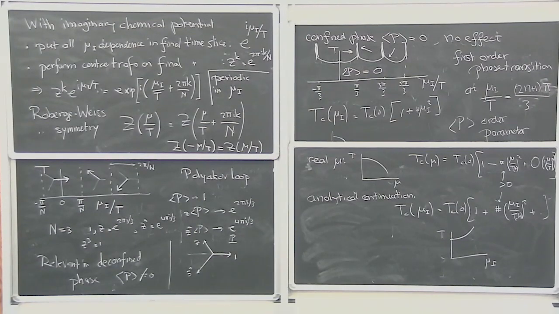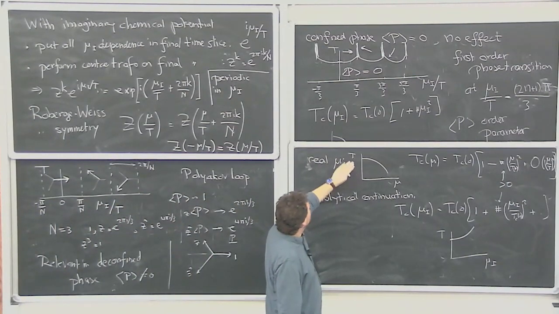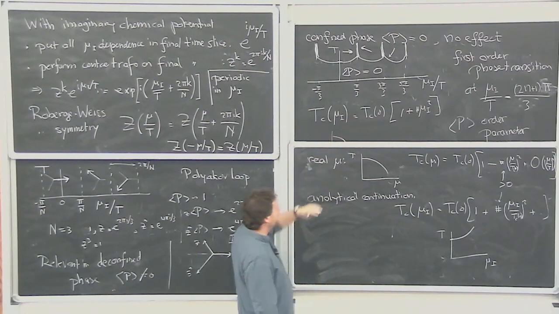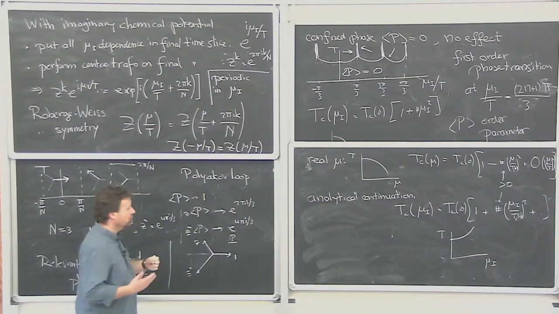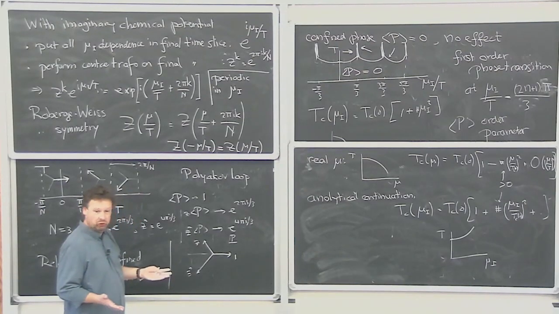Okay, so let's now tie these things together. So we have the phase diagram as a function of real mu. We have the phase structure as a function of imaginary mu. And so I can obviously combine them by plotting it as a function of mu squared.